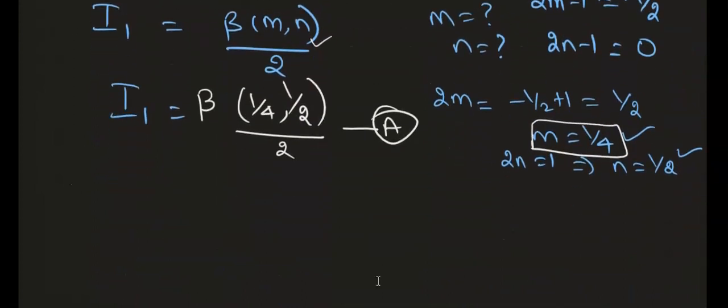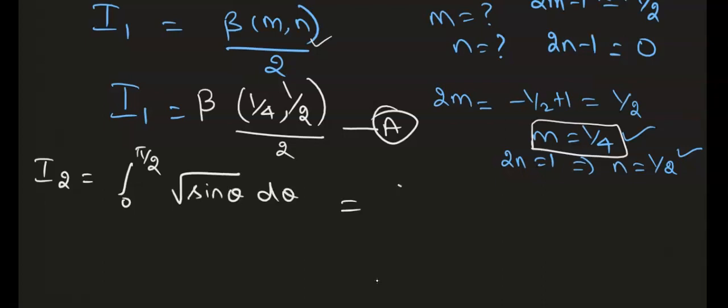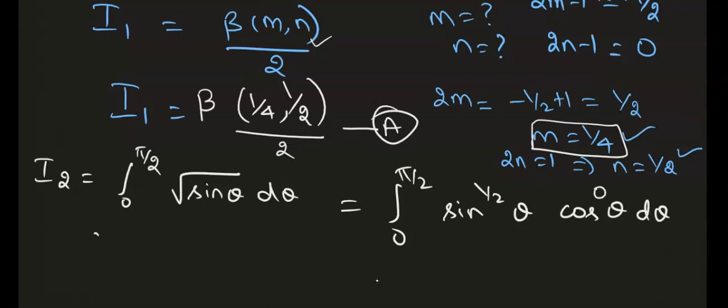So your I2 is nothing but integral 0 to pi by 2 root sin theta d theta, which is the same as integral 0 to pi by 2 sin power 1 by 2 theta, and there is no cos theta, same as this, so we write cos power 0 theta d theta.